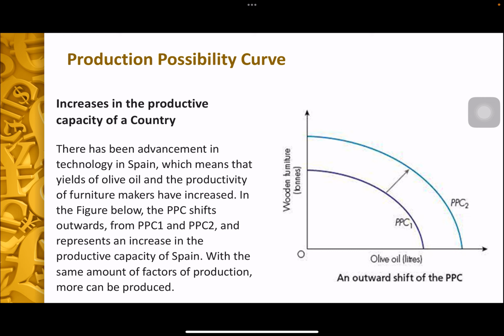This means the PPC, the production possibility curve, will shift outward from PPC 1 to PPC 2. And with the same amount of factors of production, we can now produce more.